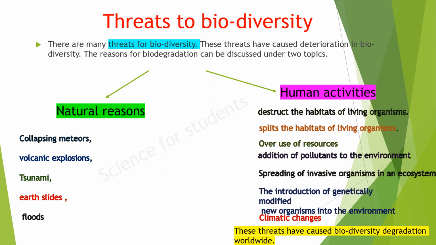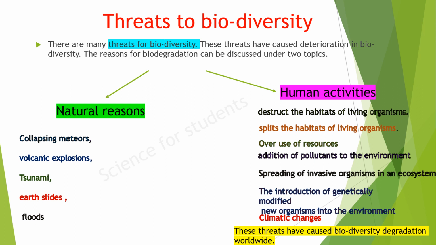These threats have caused deterioration in biodiversity. The reasons can be discussed under two topics. One is natural reasons, and the other is human activities. So first we'll take the natural reasons.